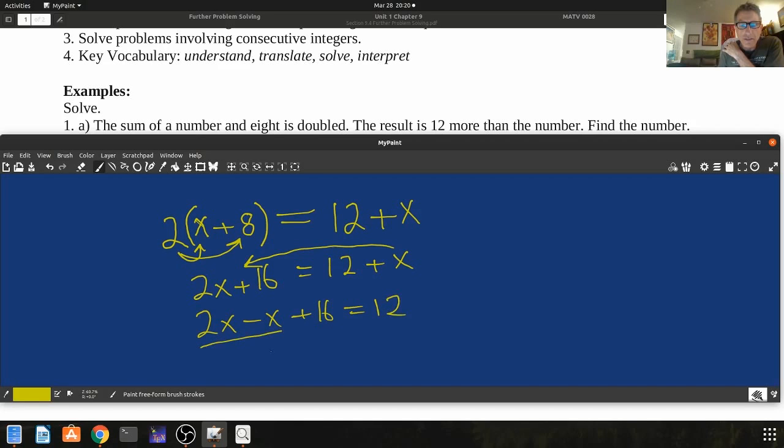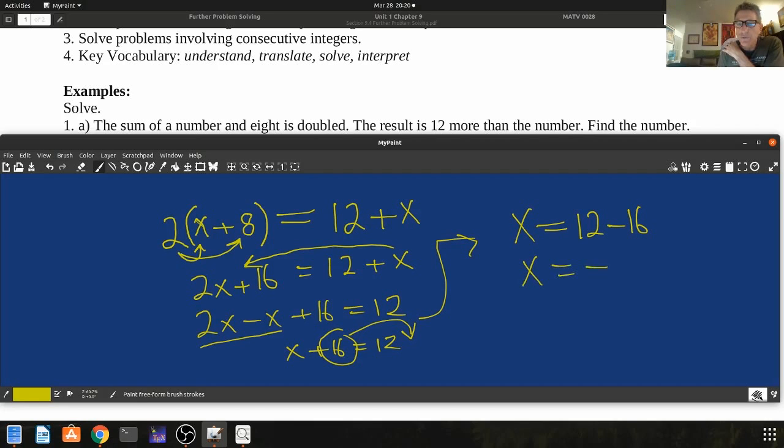We've combined like terms, so 2x minus x is x. So x plus 16 is equal to 12. I'm going to move the 16 to the other side. So I get x is equal to 12 minus 16. So x is equal to minus 4.